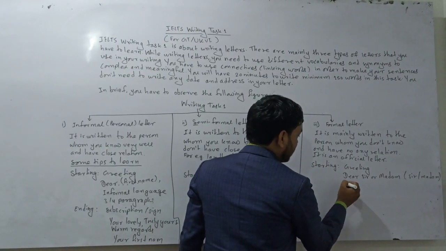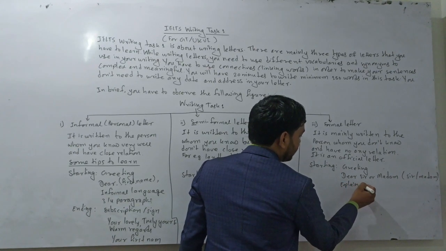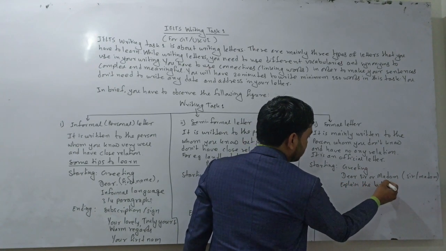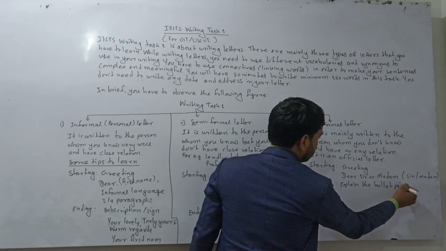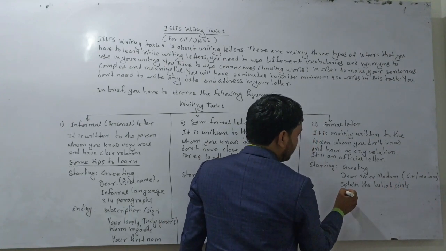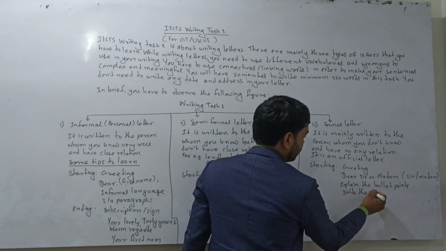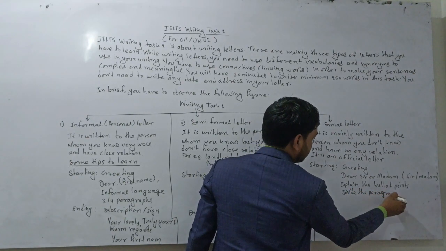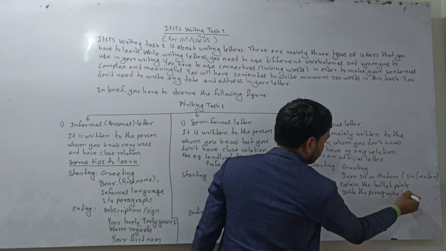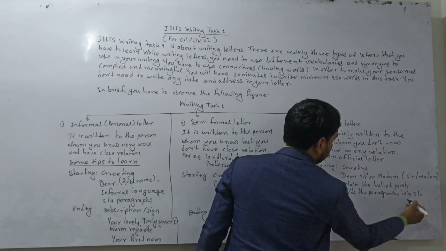Here also you can explain the bullet points and divide the paragraphs into 3 or 4.